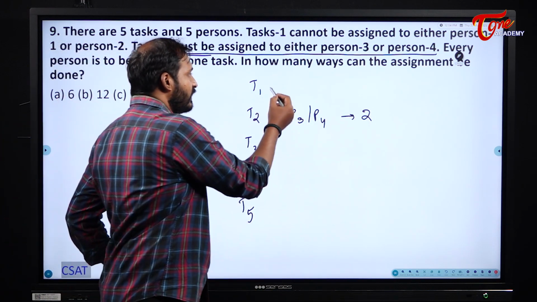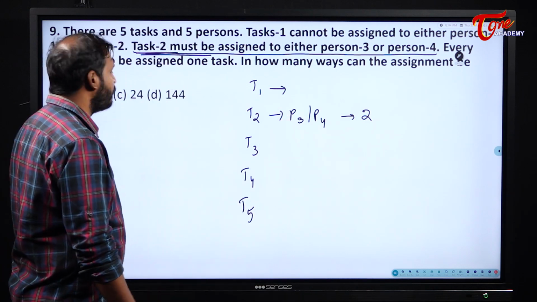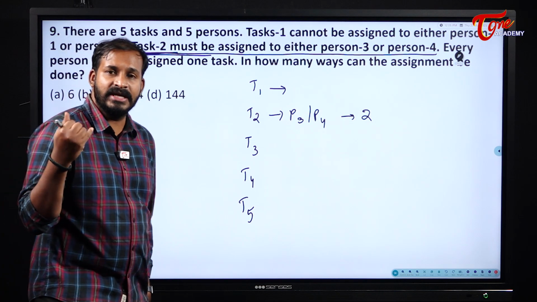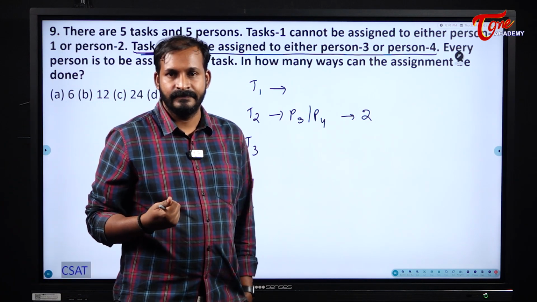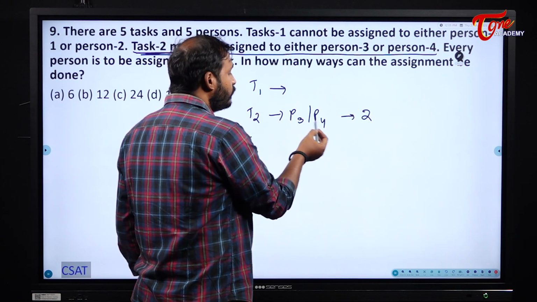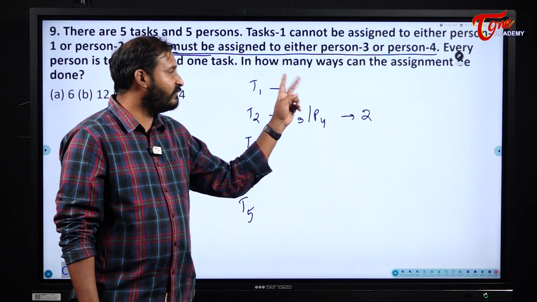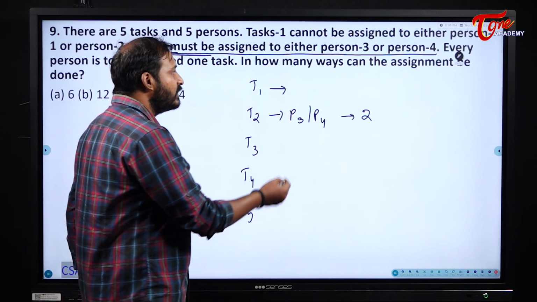Now come to task 1. See here, task 1 cannot be assigned to either person 1 or person 2. But task 1 can be assigned to person 3, person 4 or person 5, right? But already one of the two persons, person 3 and person 4, is locked here. So how many chances will I be left with for my task 1?